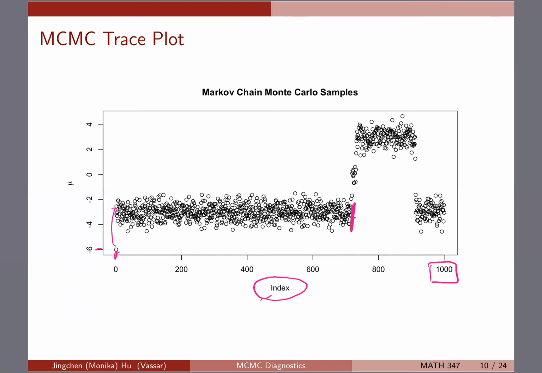And then all of a sudden, something happens. It jumps to +3, which is actually good because we know that should be another area to explore, that's the truth. And it stays there for like 200 draws and then comes back again, right? And nothing really in the middle either, right?